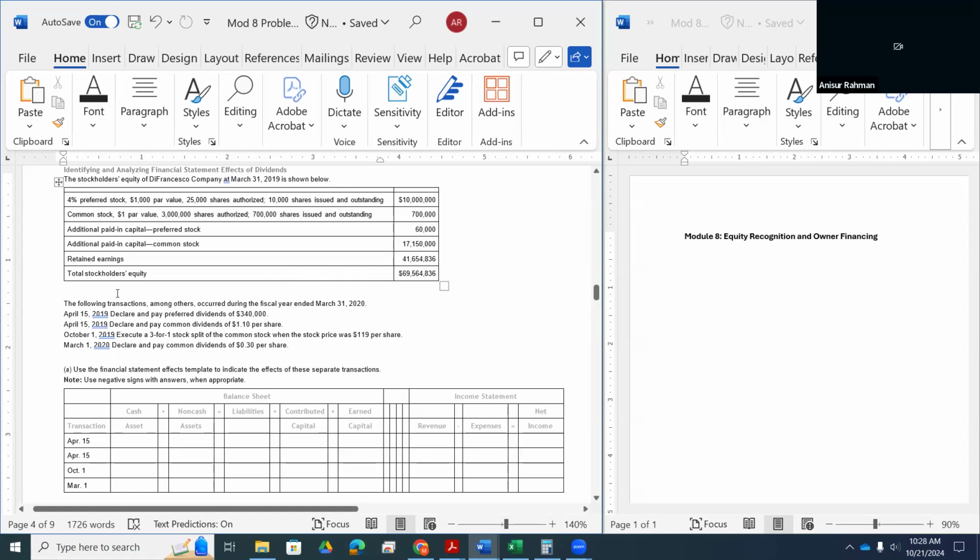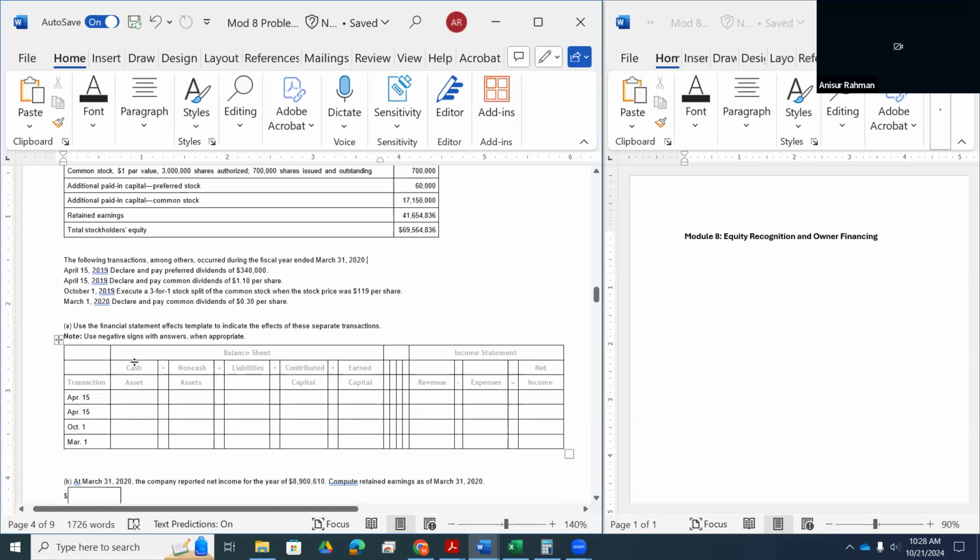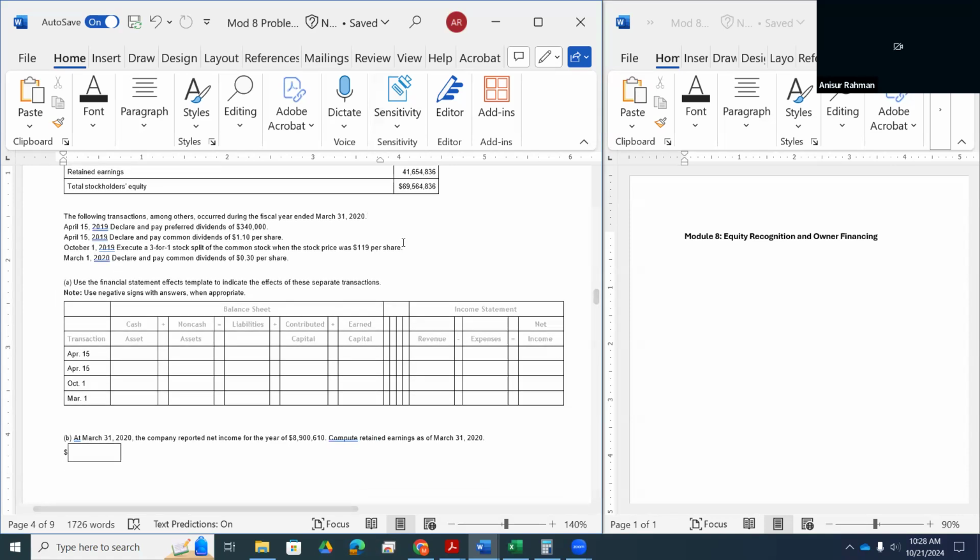After that, and up to March 31, 2020, these were the transactions. Use a financial statement effects template to indicate the effects of these separate transactions. The first one, declare and pay preferred dividends of $340,000.